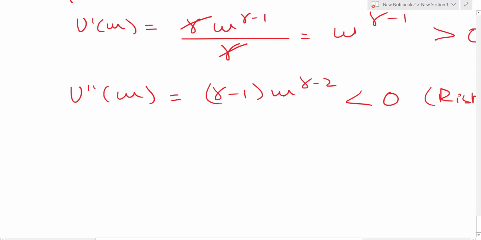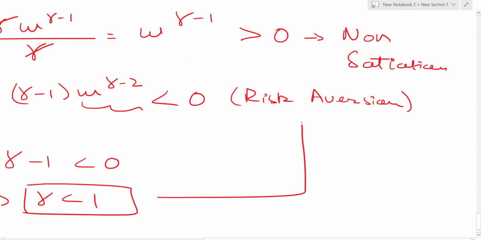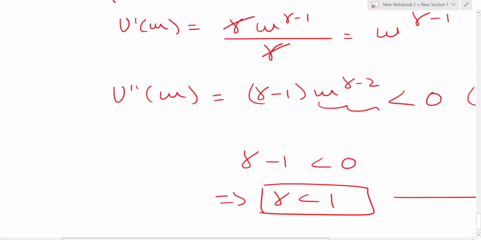(Gamma minus 1) W to the power of gamma minus 2 should be negative. This part, W to the power of gamma minus 2, will always be positive, but the number gamma minus 1 should be negative, meaning that gamma is less than 1. So if gamma is less than 1, then you have a risk averse investor.